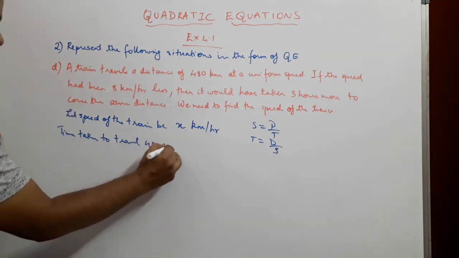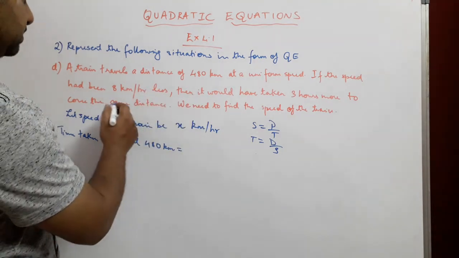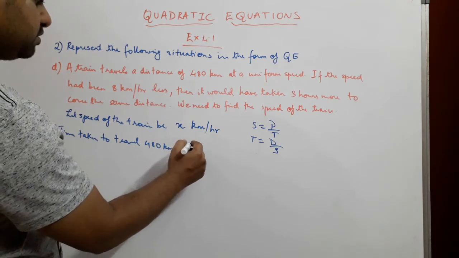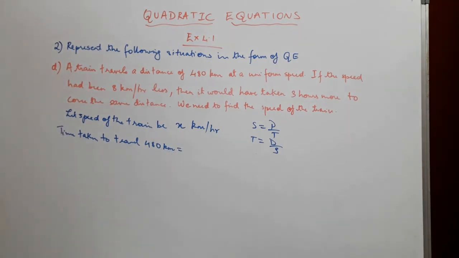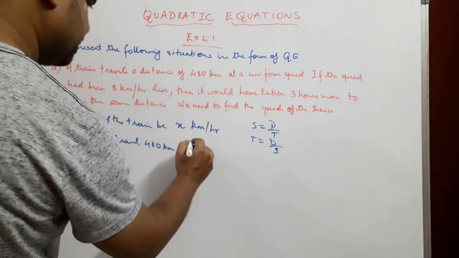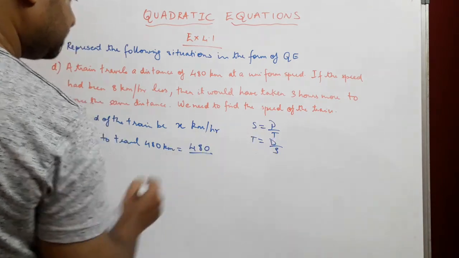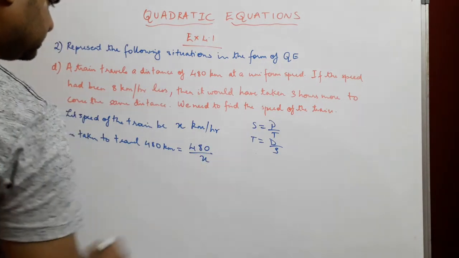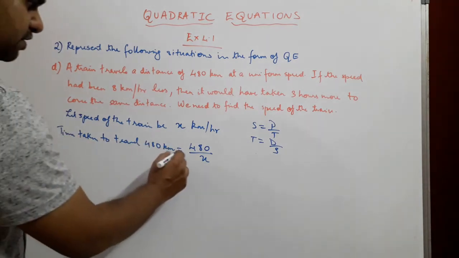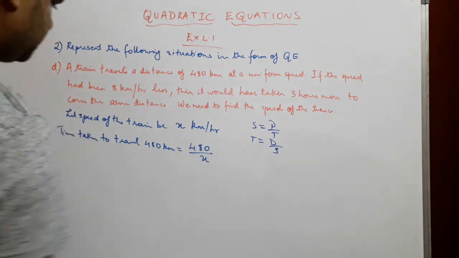So the time taken to travel 480 kilometers will be equal to distance upon speed. The distance traveled here is 480 kilometers, and the speed here is x. So the time taken to travel 480 kilometers is 480 upon x.